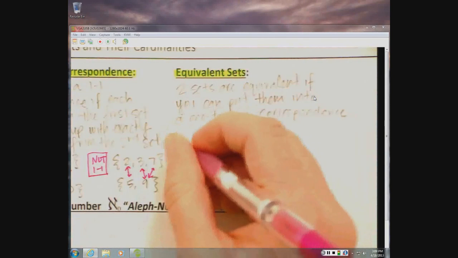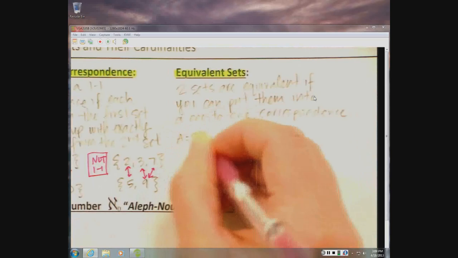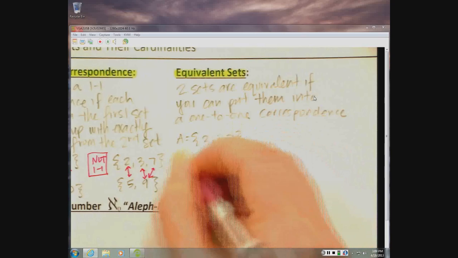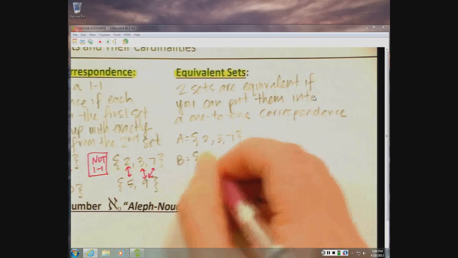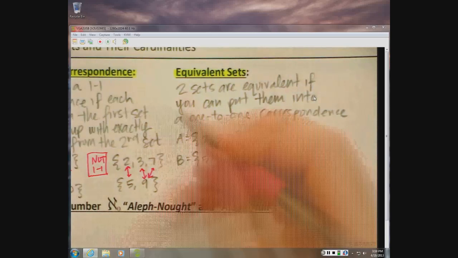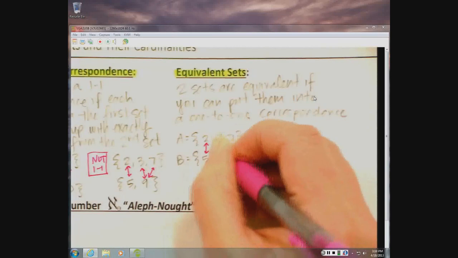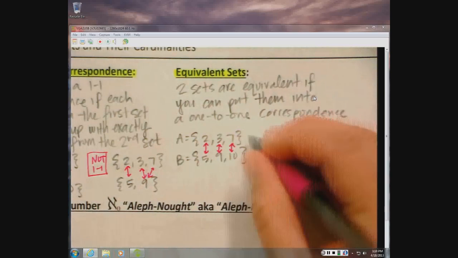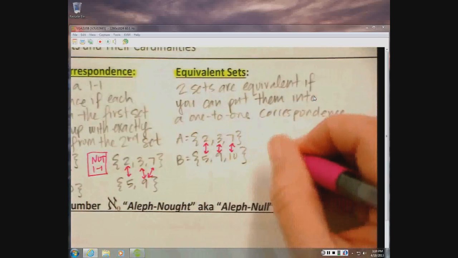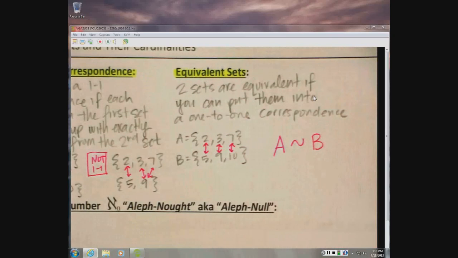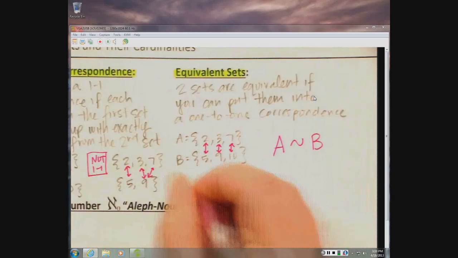So suppose we have set A is the set 2, 3, 7, and set B is the set 5, 9, 10. Because I can put them in a one-to-one correspondence, we can say that these two sets are equivalent, and we can notate it like this. Please note, though, equivalent does not mean equal.